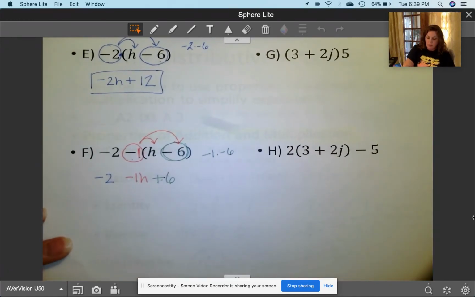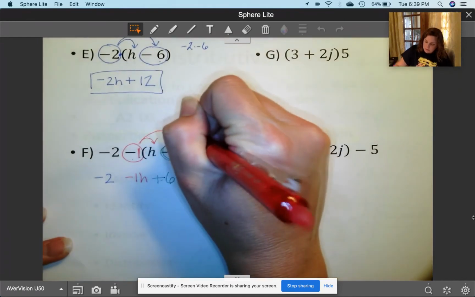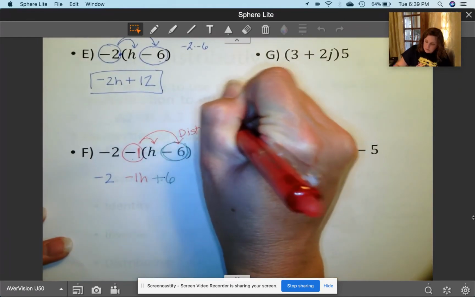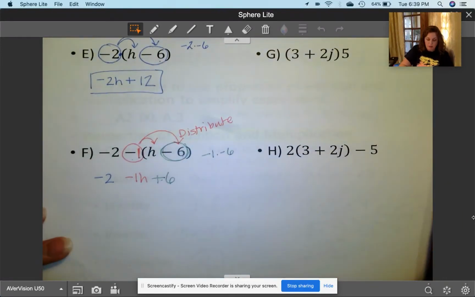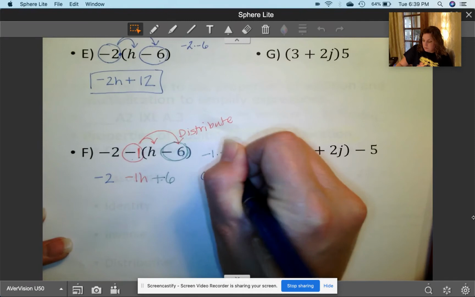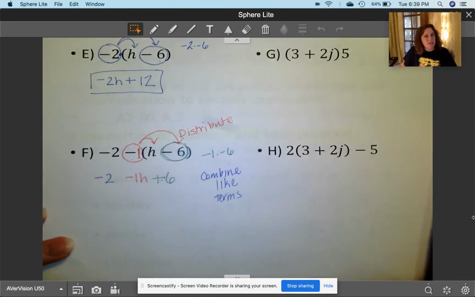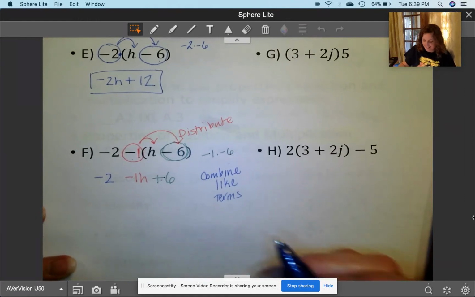And from here, once we've distributed, so that was my first step, distribute the -1. Now we're going to combine like terms. And we use these phrases, distribute and combine like terms. This is this entire unit, ladies and gentlemen, so get used to it.